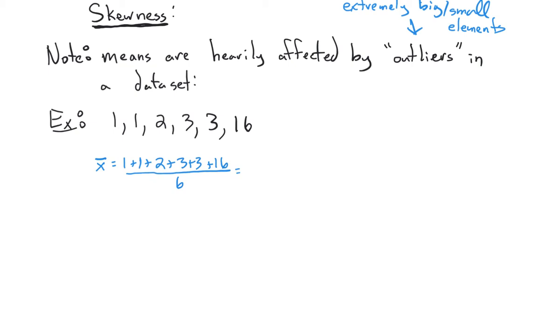If we add that up, we get 1, 2, 4, 7, 10, 26. So it's 26 over 6, which is 4.33, 4 1/3, really.